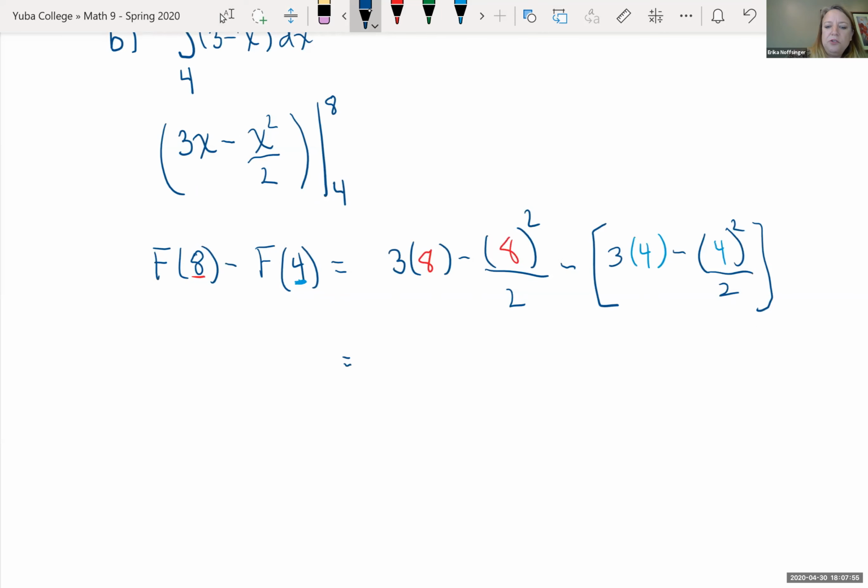So looking at this, we have 24 minus 8 squared is 64 divided by 2 minus bracket. So 3 times 4 is 12 minus 4 squared, 16 divided by 2.